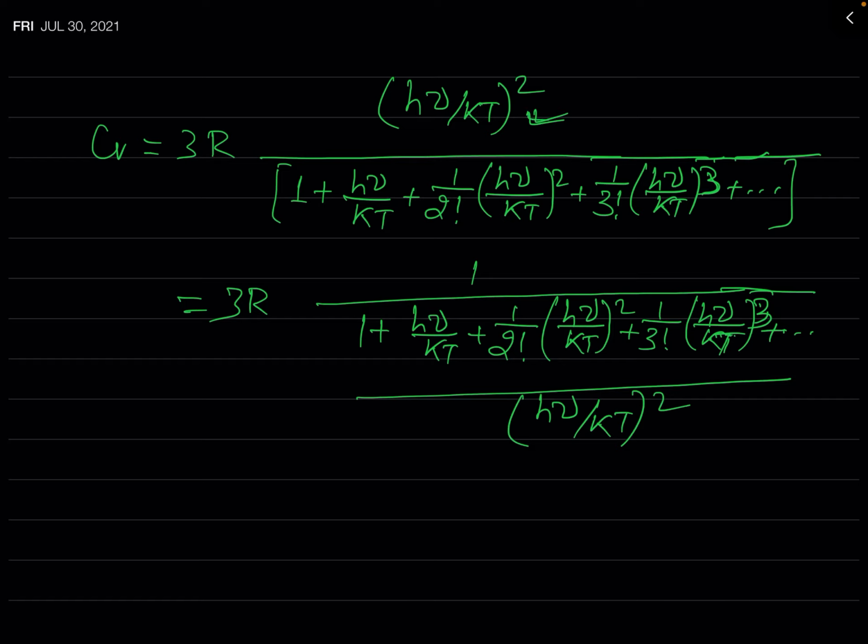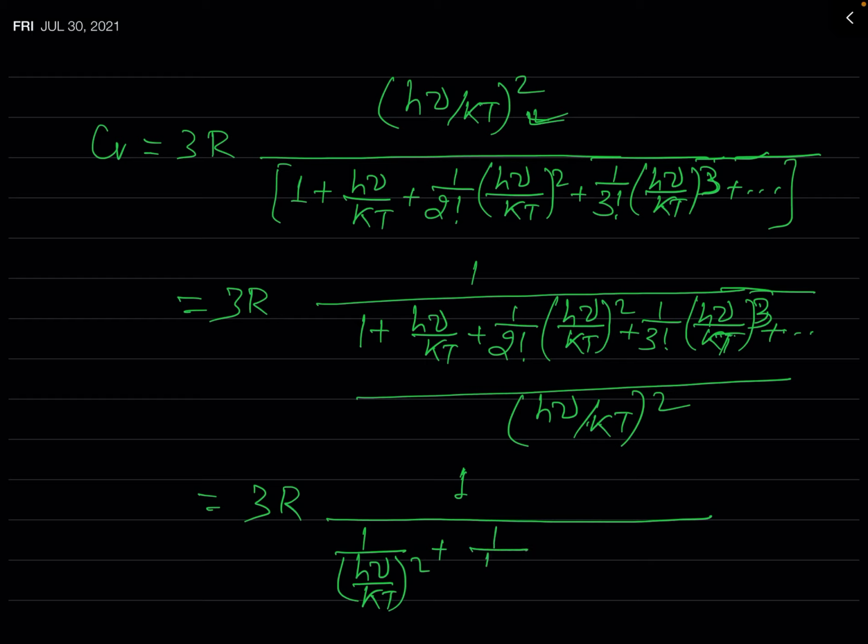Now, in the RHS, in the denominator, each and every term will be divided by this (hν/kT) whole square. So what will be your result? This is 3R times 1 over, see here, when you divide this 1 by this much, this will be simply 1 by (hν/kT) whole square, plus hν/kT divided by (hν/kT) whole square.